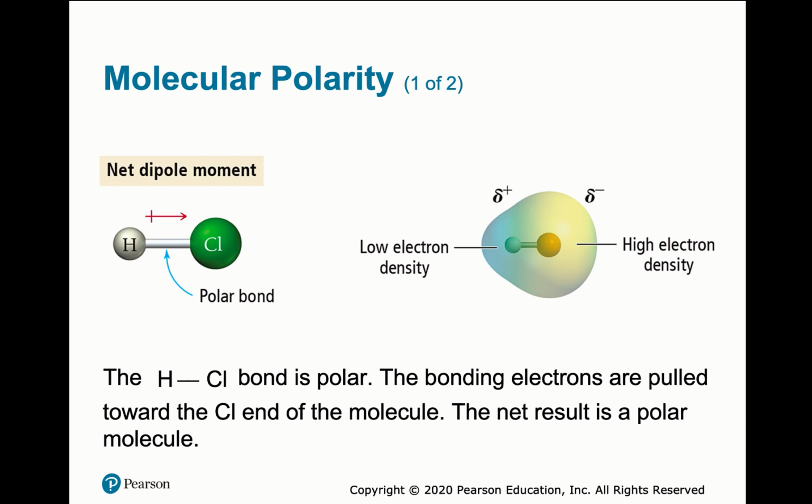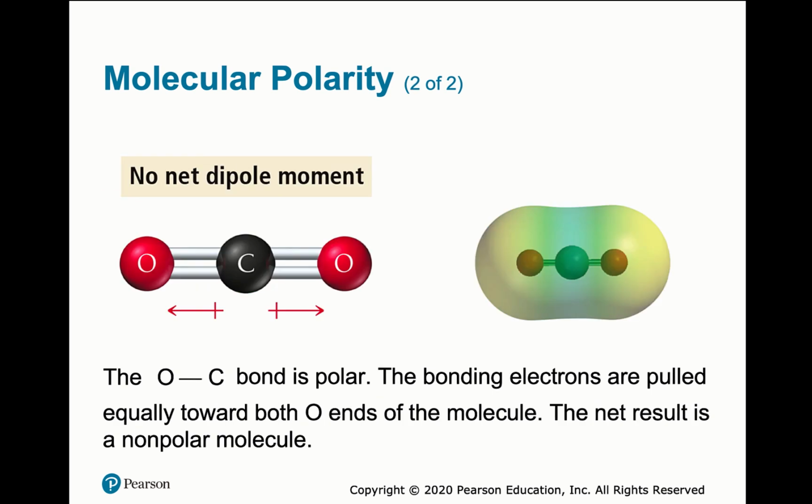We mentioned polarity before with electronegativity and polar covalent bonds. In this case, we're going to look at molecules and determine if the molecules themselves are polar, where one end is charged differently than the other end. So for hydrogen chloride, there are only 2 atoms and they are different, therefore it's going to be polar, and you have a positive and negative end of the molecule.